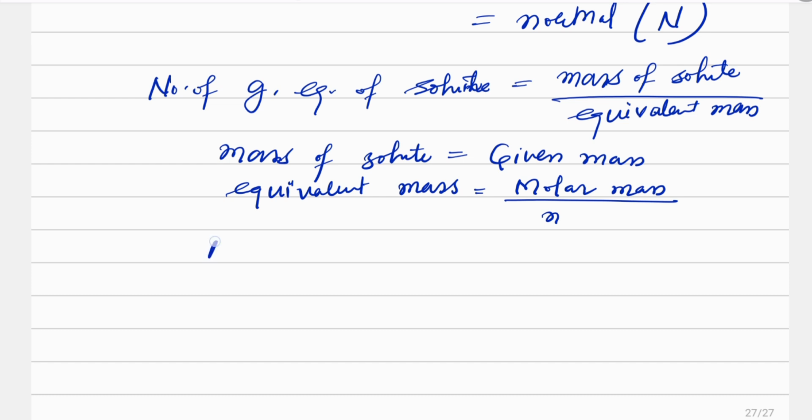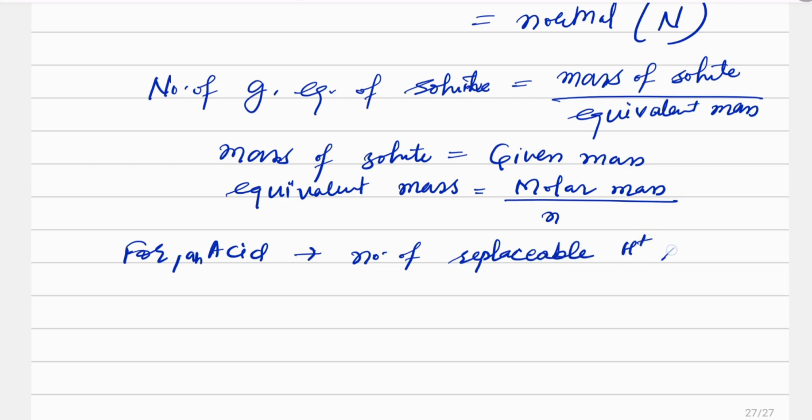Suppose we have an acid. For an acid, the number of replaceable H positive ions is going to be n, which is known as basicity.